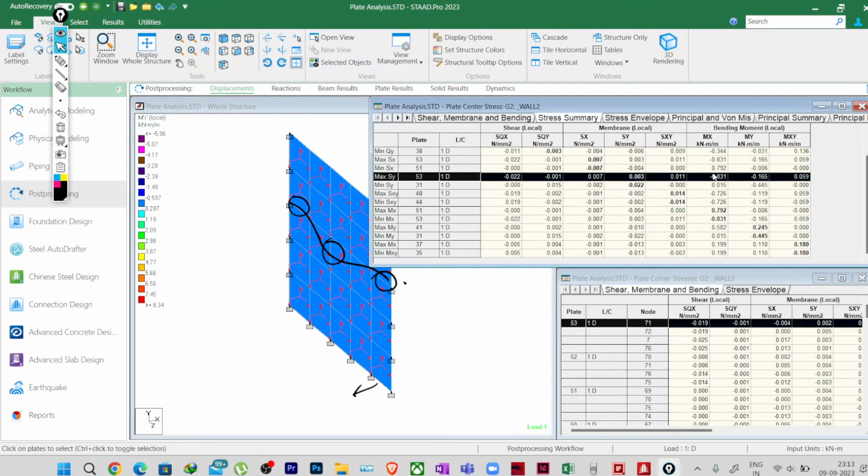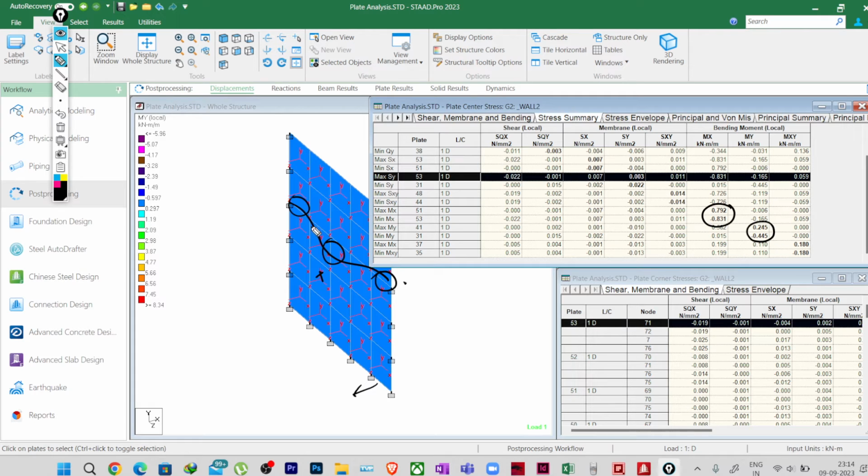So if I see the Mx, first you see the values. As we expect, the Mx moment, the horizontal moment, is higher moment. Obviously one is positive, one is negative, and if you see, the vertical moment is very less compared to the horizontal moment. Now, as I said, the positive value will be in the center.